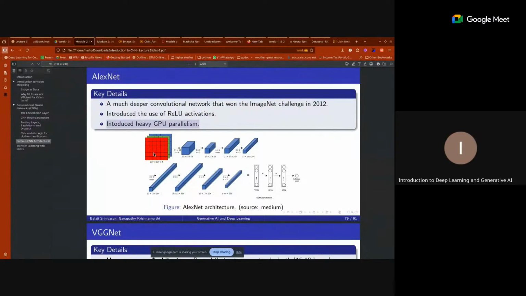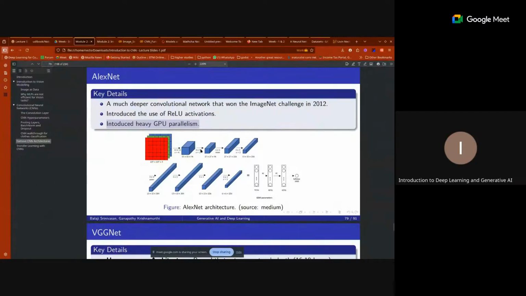Assume we have only one 3 cross 3 kernel.